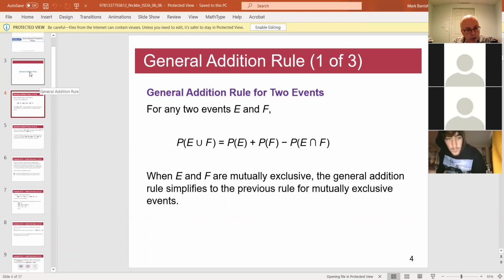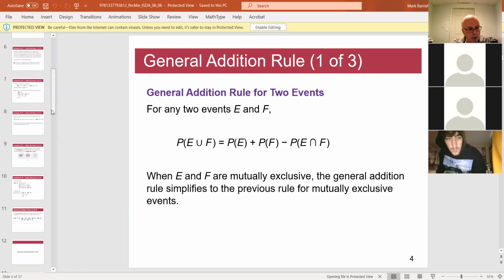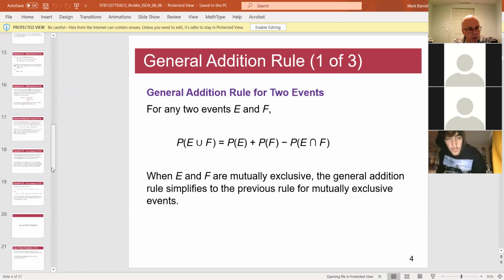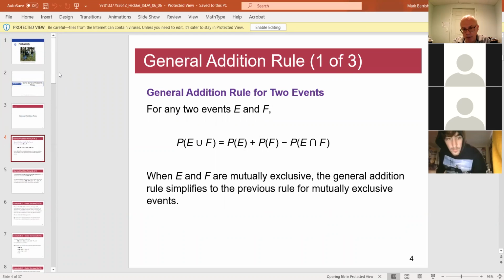All right. So those are the only 2 rules you need to know in 6.6, and everything else in here, the law of total probability and the Bayes rule and all the rest of the stuff in this section, you do not need to know. All right. Because it's really not required for the course, and the introductory course will not require any of those things. All right, so that is it.